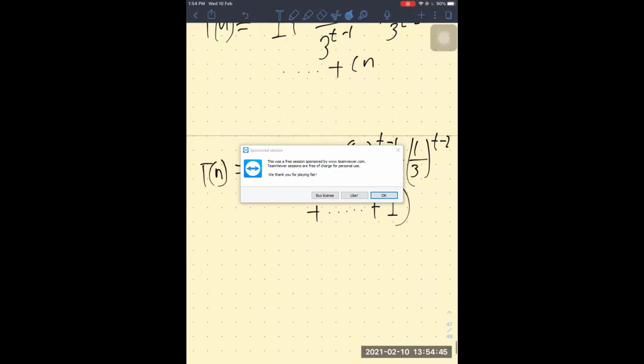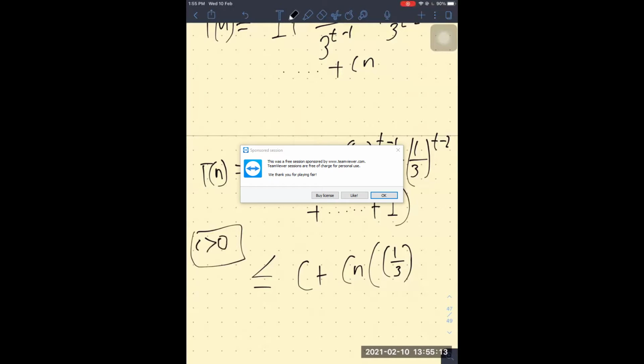Then we will consider that this thing will be less than or equal to c plus c of n plus this whole factor, as we have assumed that c is some constant greater than 1.